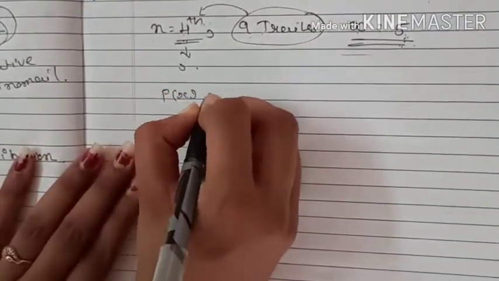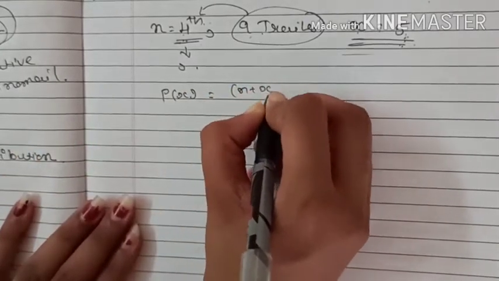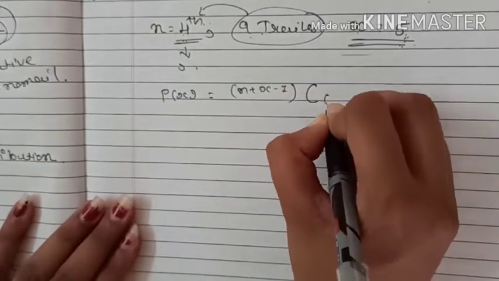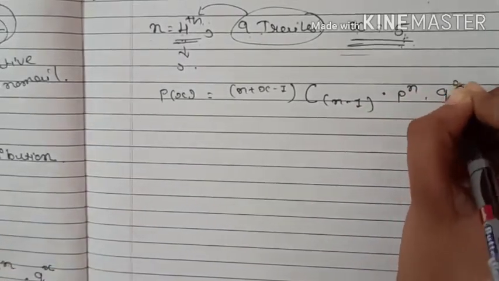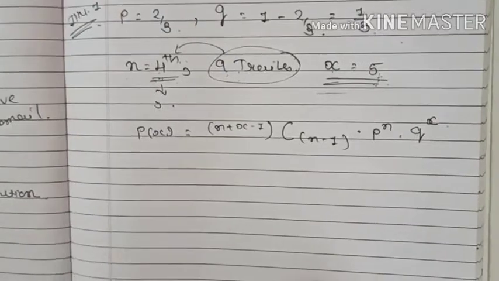P of x is equal to (n plus x minus 1) C (n minus 1) into p^n into q^x. Right?